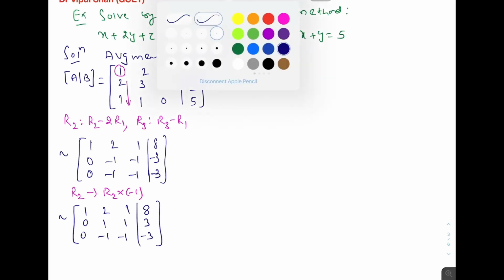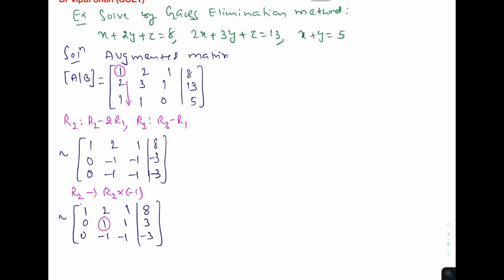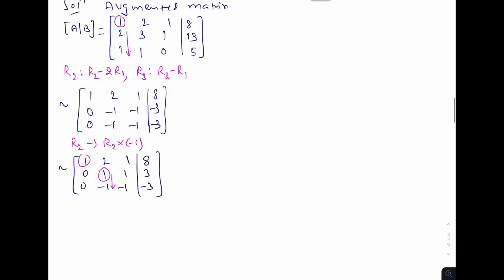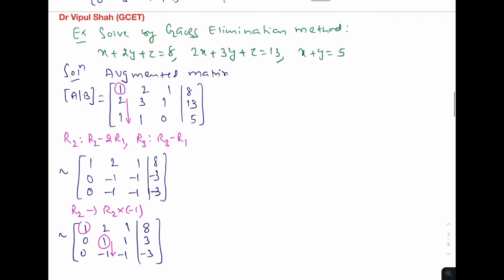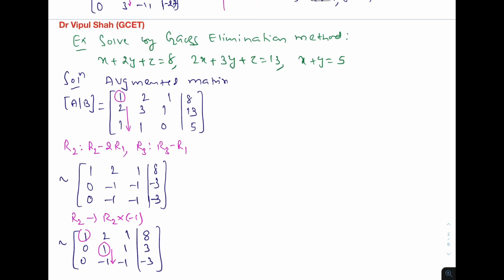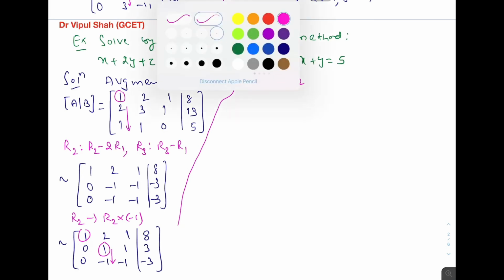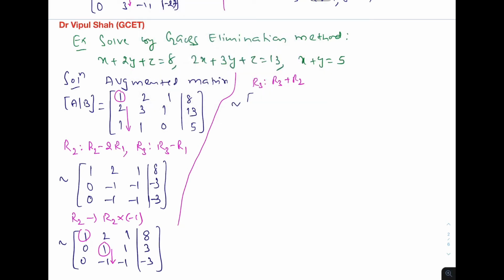Okay, so now we have a leading 1 here, so make the entry below it to be 0, and that's very easy to make. So let us do R3 plus R2, and then we have 1 2 1 8, 0 1 1 3.